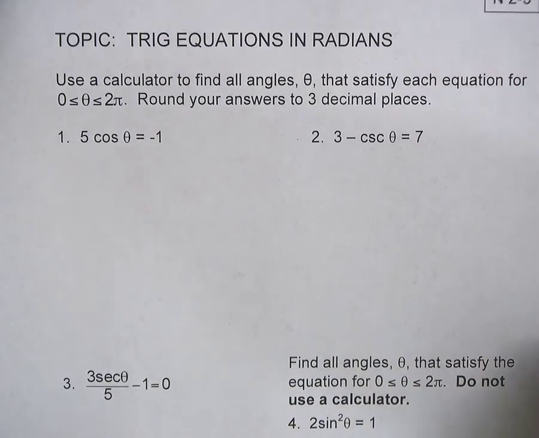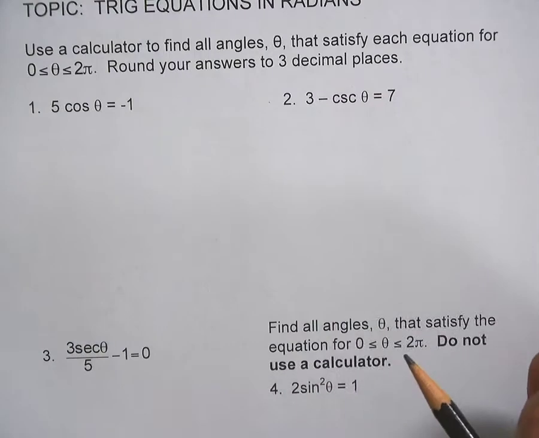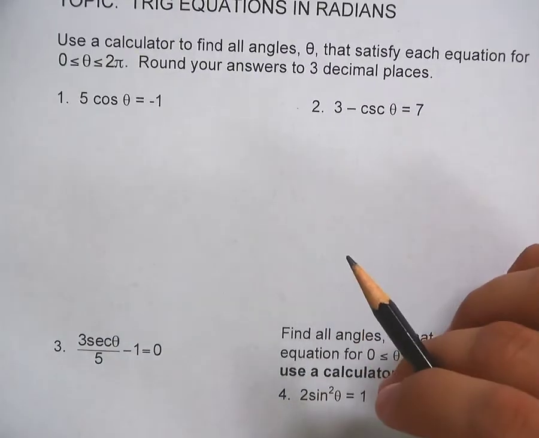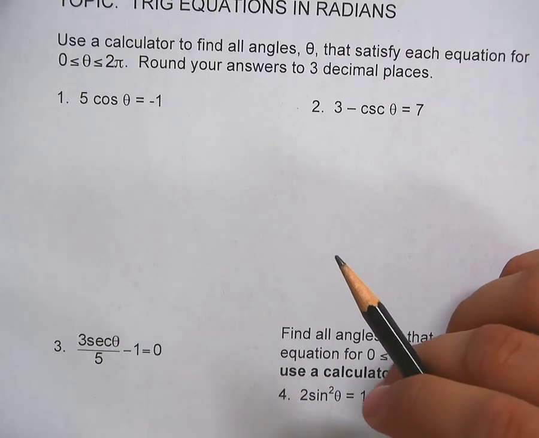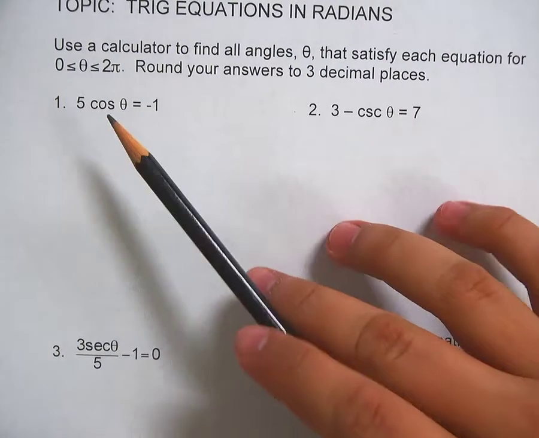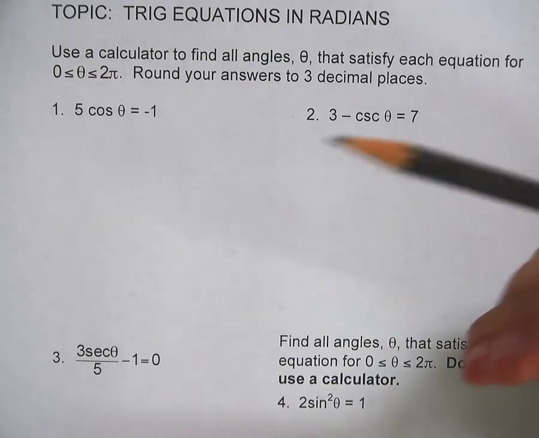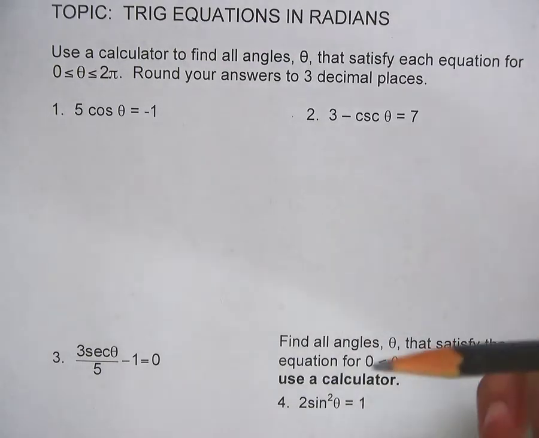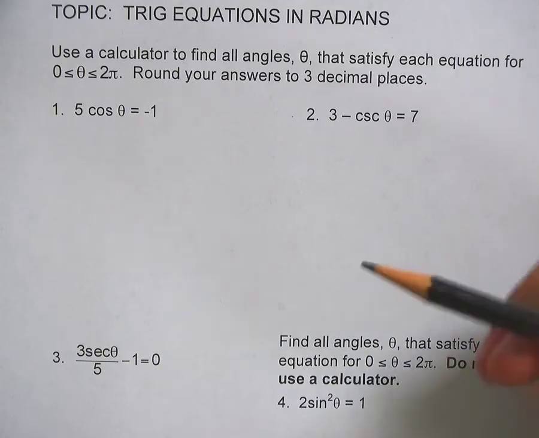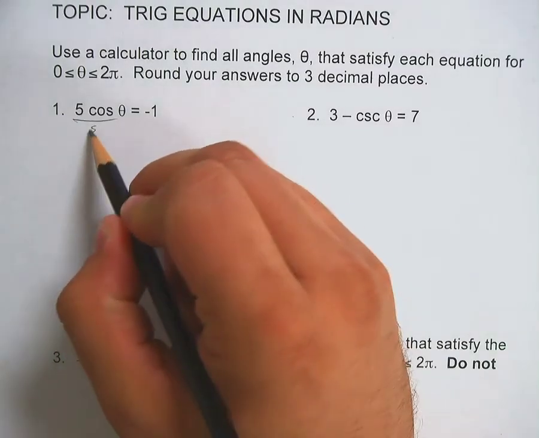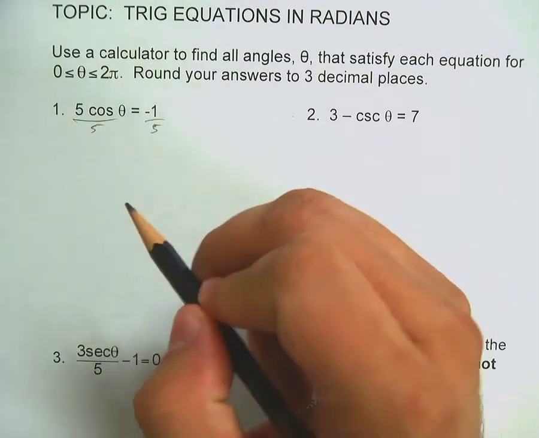It says use a calculator to find all the angles between 0 and 2 pi that satisfy this equation. Round your answers to 3 decimal places. So just like yesterday, if this was a regular algebra equation, 5 cosine theta equals -1, the first thing I'd do is get my cosine theta by itself.